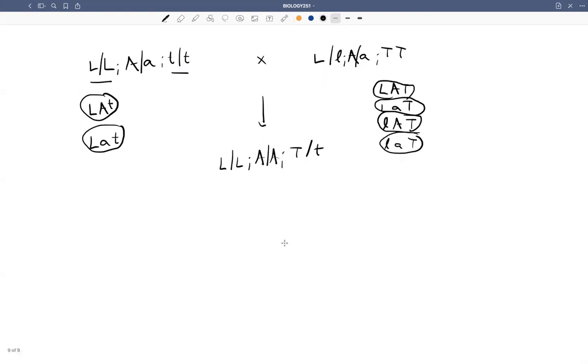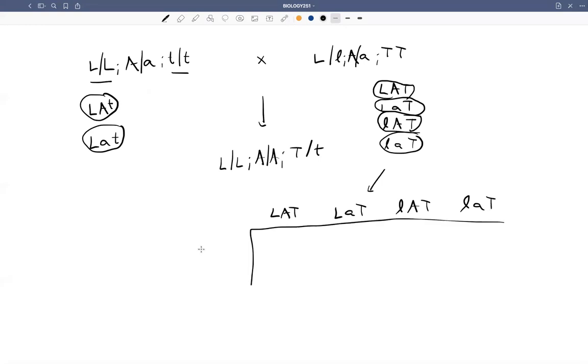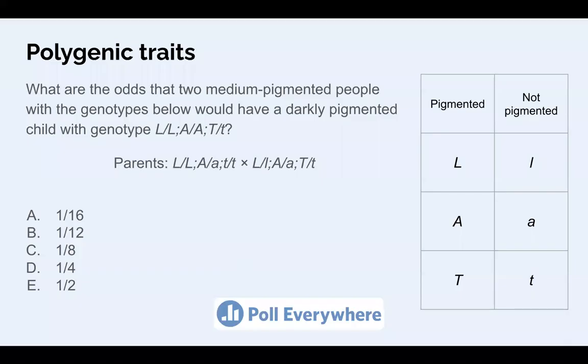So our Punnett square, let's do this person across the top. L, A, T, and so on, coming from over here, L, A, T. And I wonder if we could cut to the chase here.